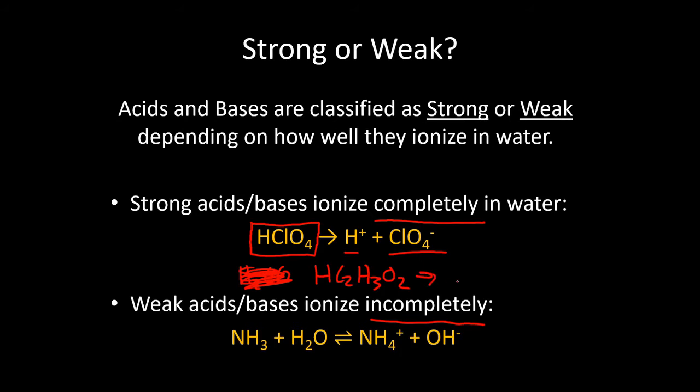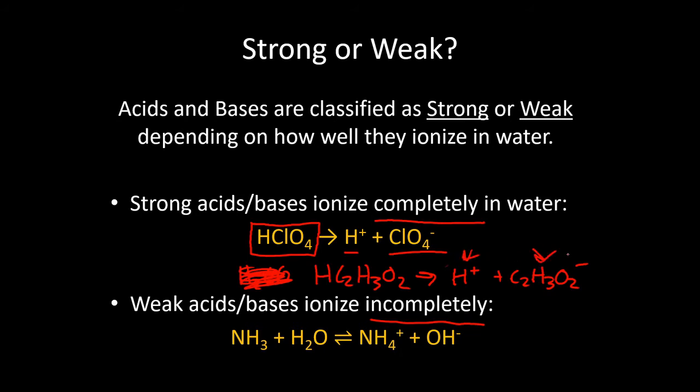And so that breaks apart when you put it into solution into H plus and C2H3O2 minus. But not every single one of them will do that. So for a weak acid, you might put 100 of them into the solution, and maybe just one of them breaks apart into the two ions.